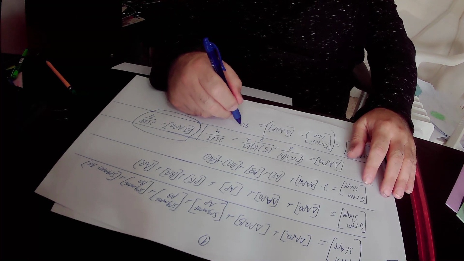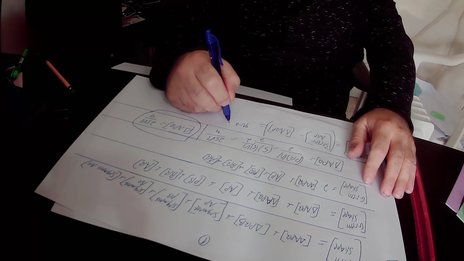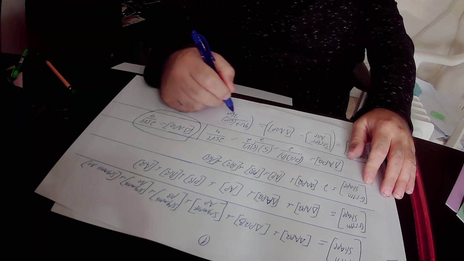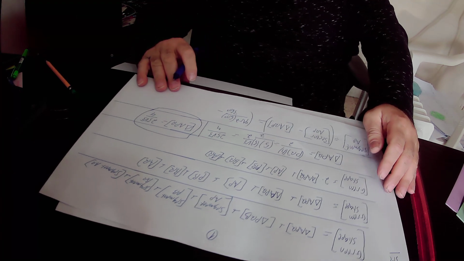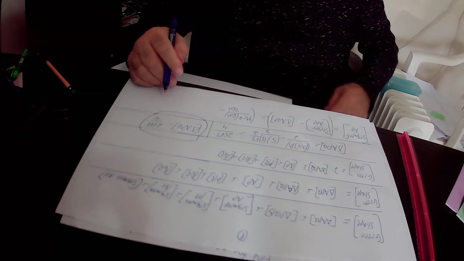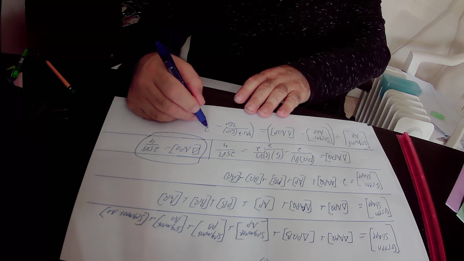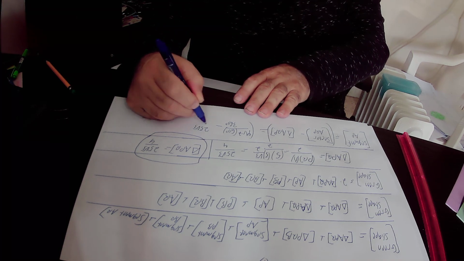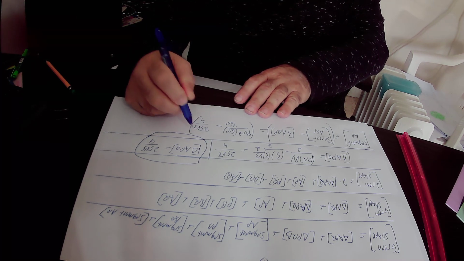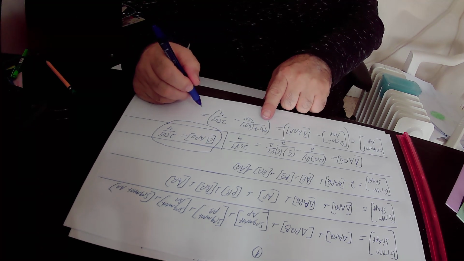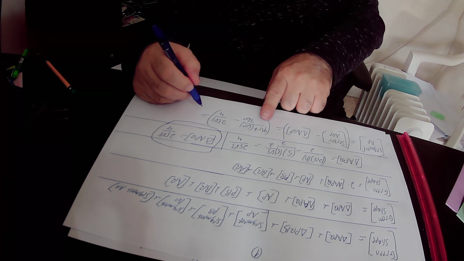Pi r squared times 60 degrees over 360 degrees minus the area of triangle AQP. We have already found out that the area of triangle AQP equals 25 times square root of 3 over 4, and here r equals 5.